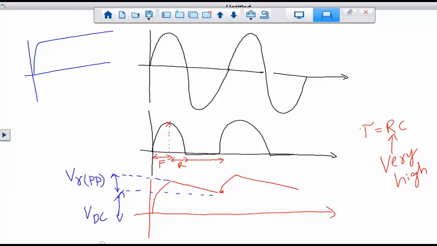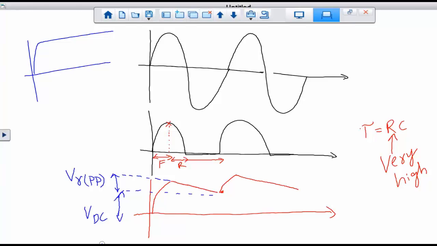So can you think for a minute, because of this reason, which rectifier you prefer? Half wave or a full wave rectifier, and why? We just talked about this explanation. Again, we want to hold the charge as long as possible.